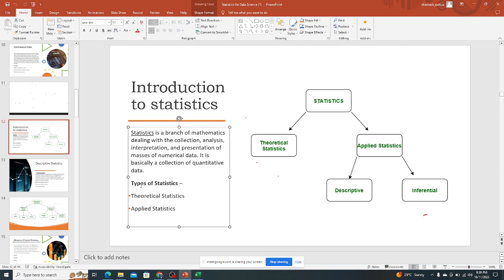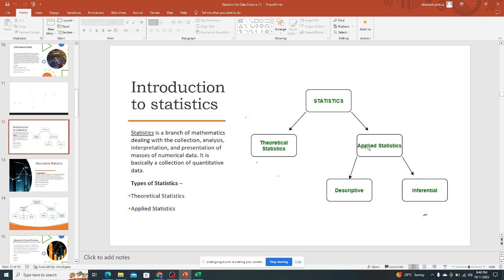So for types of statistics, we said we have theoretical statistics and applied statistics. Theoretical statistics is more about theorems, and we are not going to focus on that because it is a lot. For our case, because of data science, we'll go with applied statistics.